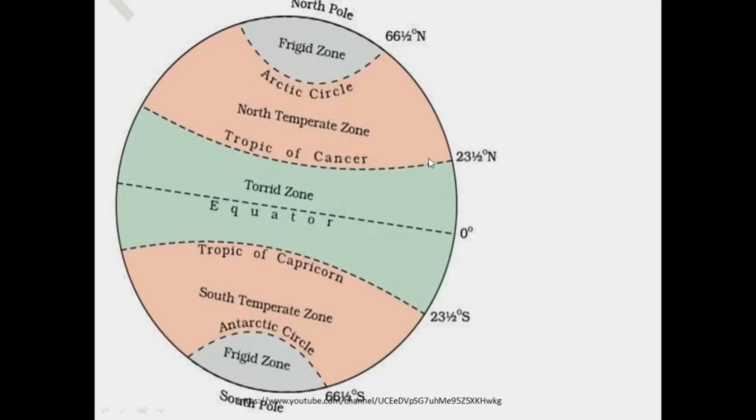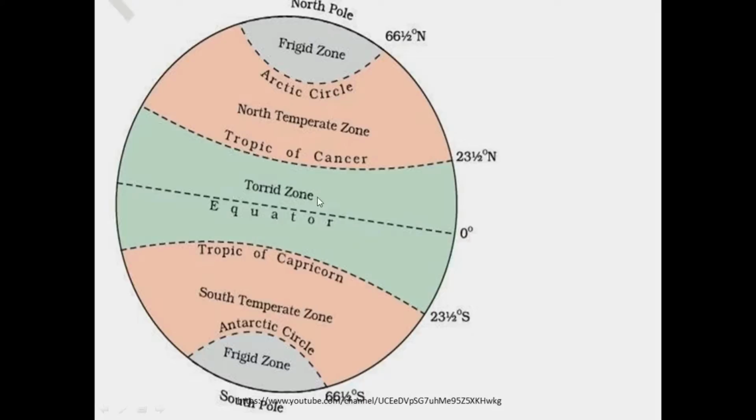From 23 and a half degrees north, we move further north, 66 and a half degrees north is the Arctic Circle, and in the same way 66 and a half degrees south is the Antarctic Circle. These are the important latitudes. First is the equator, second the Tropic of Cancer, third the Tropic of Capricorn, next the Arctic Circle and the Antarctic Circle.